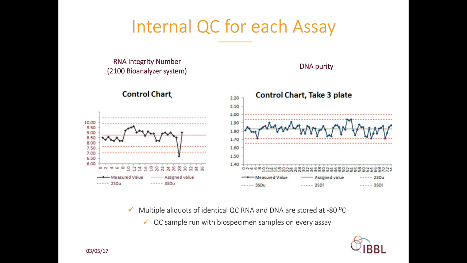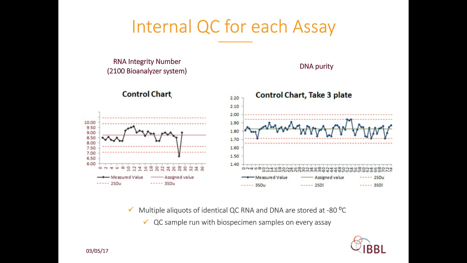We are talking here about a sample that is used in each and every analytical run in order to confirm the reproducibility and accuracy of the assay. Here on the left, the example of internal quality control material that is used in the RIN assay. The results of such internal quality control materials are monitored in a chart that is called a Levey-Jennings chart, and you have examples on this slide.